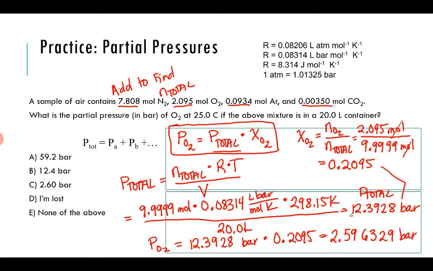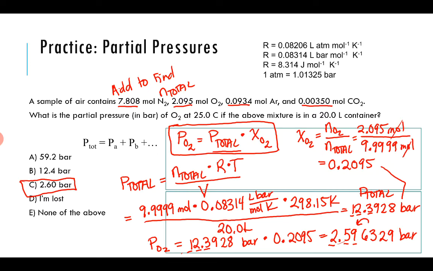And once again, this P total has 3 significant figures because of the volume, and so this number has 3 significant figures. And so once again, we end up with 2.60 bars. So both methods work, but you can tell that one method took a lot longer than the other method.